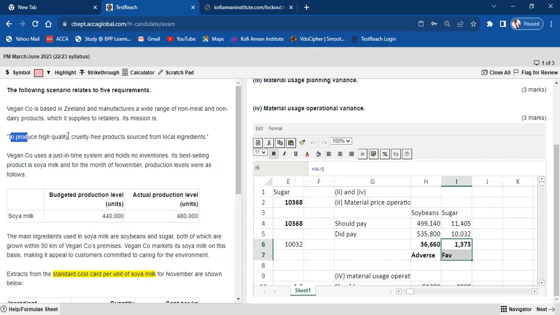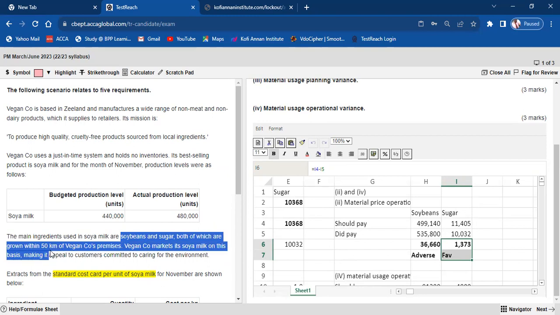The mission is to produce high quality, cruelty-free products sourced from local ingredients. The soybeans and sugar are produced within 50 kilometers of the Ganco's premises.